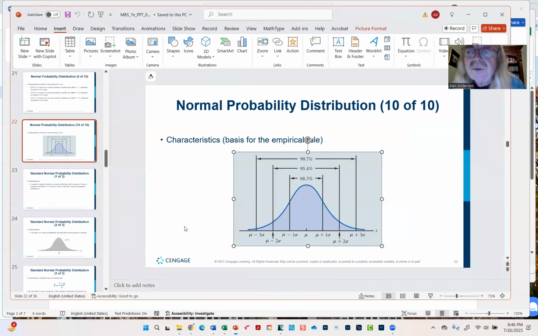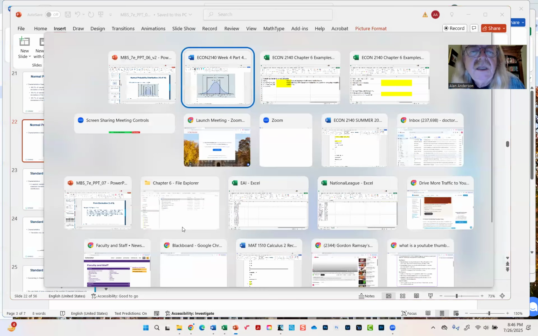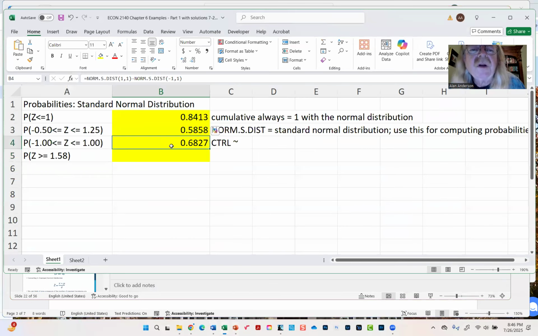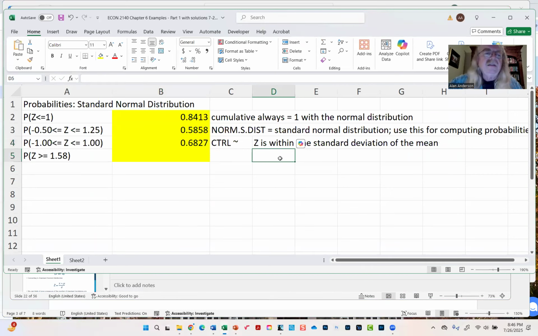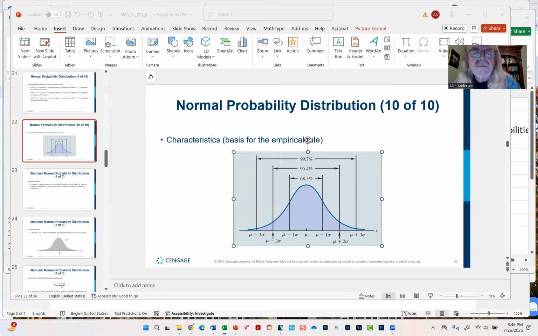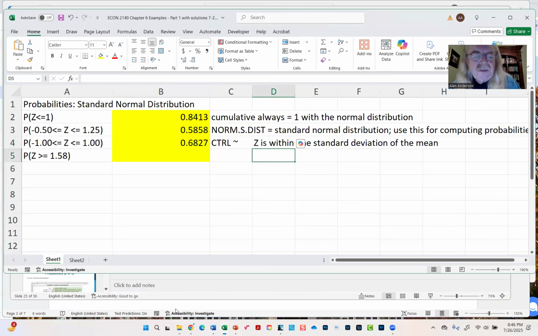So the case that we just looked at, although it may not have been super obvious, this means z is within one standard deviation of the mean. And I'll write that here in the notes too.